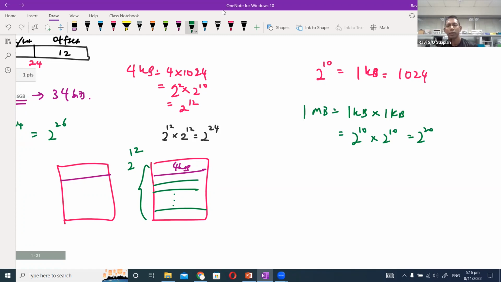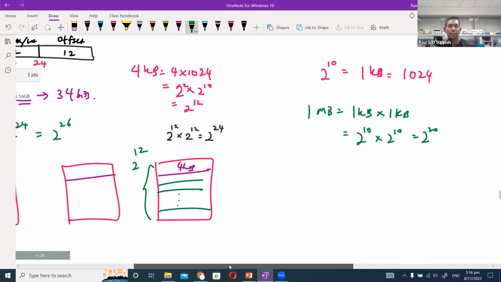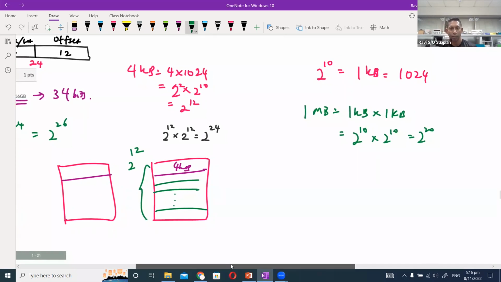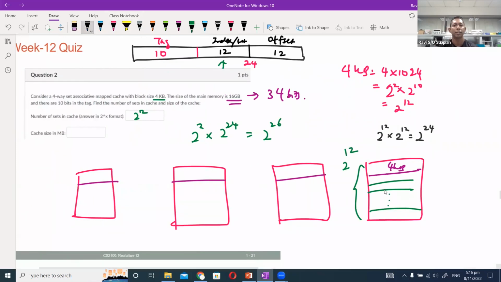Of course, you can add another factor and it becomes gigabyte, and so on. But coming back to this, we know that 2 to the power of 10 is kilobyte, and 2 to the power of 20 is megabyte. So for 2 to the power of 26, it is equivalent to 2 to the power of 6 times 2 to the power of 20.